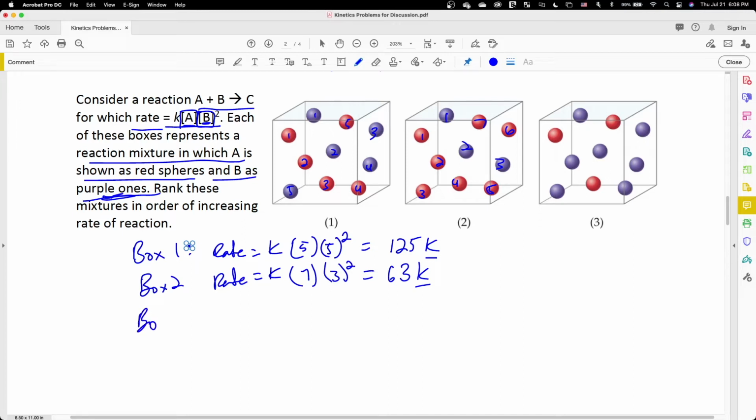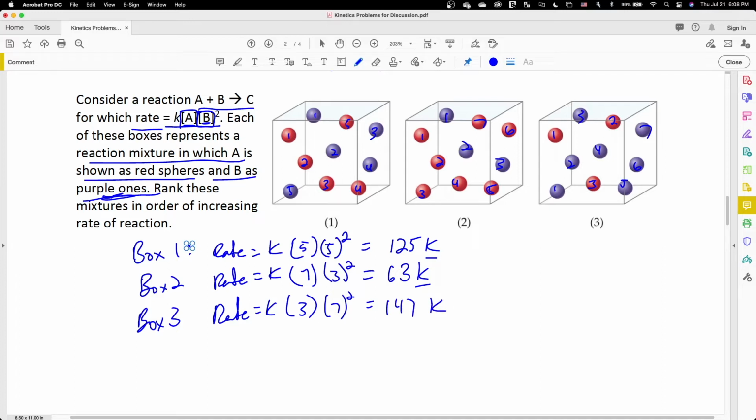So for box 3, the rate equals k times only 3 red balls and 7 purple balls squared: 1, 2, 3, 4, 5, 6, 7. You work out that math and you end up getting 407k.